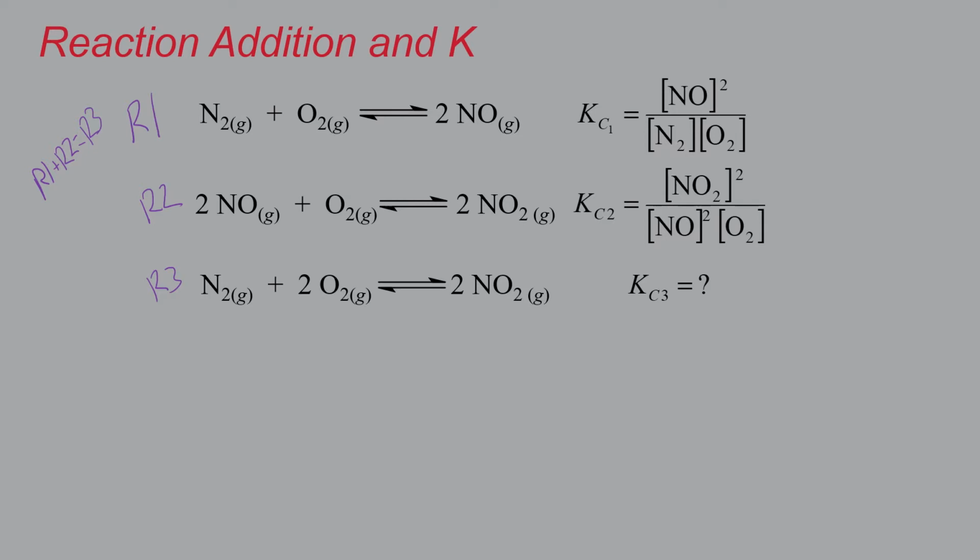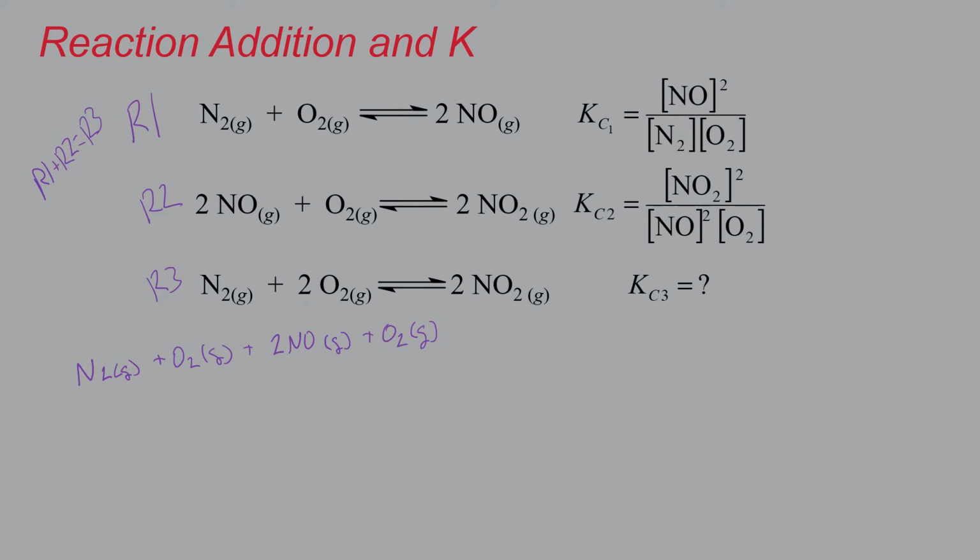The easiest way to figure this out is basically to add the reactions, which will, A, prove that R3 is in fact the sum of R1 and R2, and that might give you some insight as to what the rule is for adding reactions and their subsequent new equilibrium constants. So let's just add it together. We've got N2 gas plus O2 gas plus 2 nitric oxides, also gas, and another O2 gas.